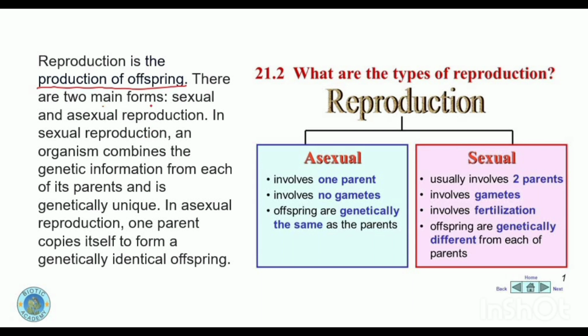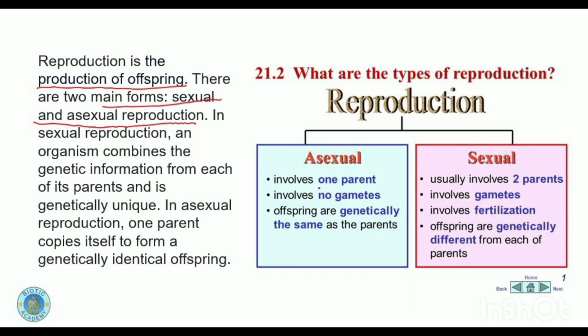There are two main types of reproduction, sexual and asexual reproduction. What is the difference between these two types? The objective is the same, they both produce new young ones, but there are some differences.